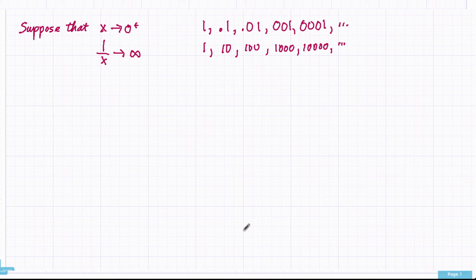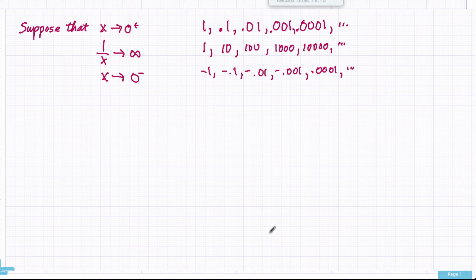We can build a similar list of numbers going towards 0 from the negative side, from the left. If we look at the corresponding 1 over x list, we see that since all the x entries are negative, the corresponding 1 over x entries are going to be negative also.